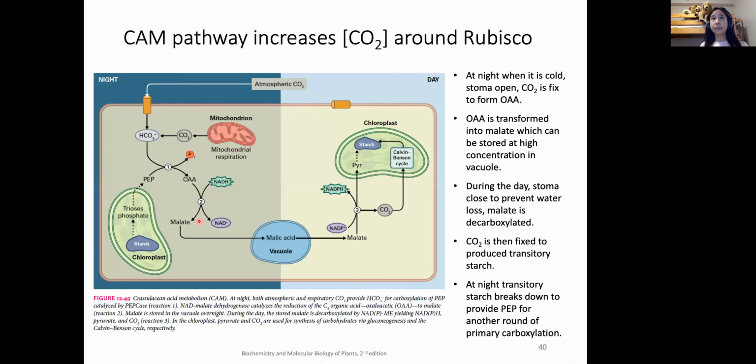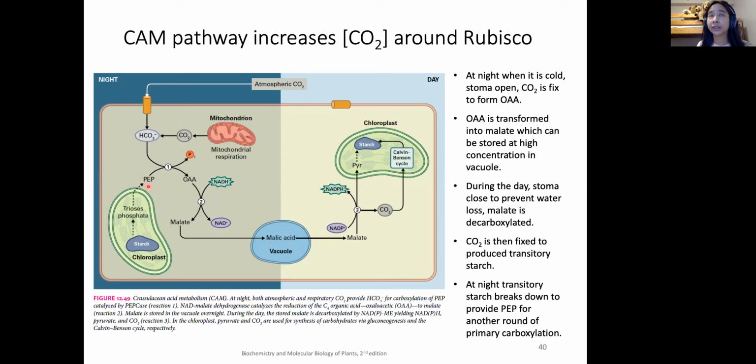So what happens is carbon dioxide from the atmosphere during the night gets into the stomata and is changed into bicarbonate, and also during the night mitochondria produce more carbon dioxide as well. This bicarbonate is then fixed with phosphoenolpyruvate.